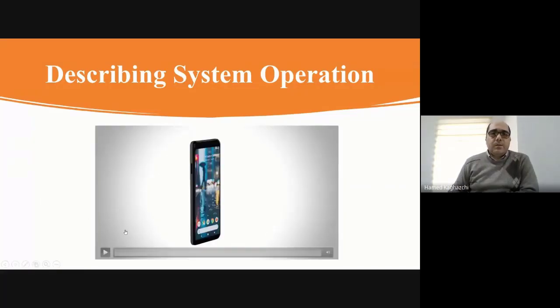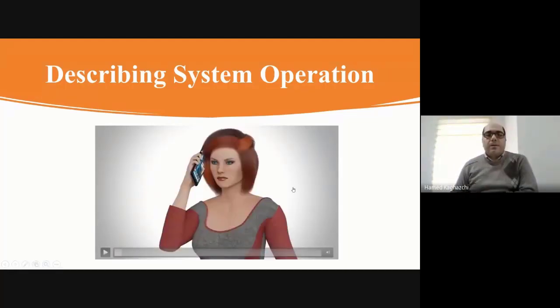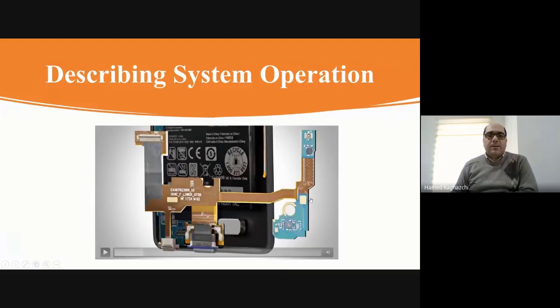Okay, let's watch this video. This video will help you understand the block diagram that I talked about. Okay, when we start to talk with our smartphone, let's look at what happens inside the smartphone. Okay, this is the microphone of the cell phone.